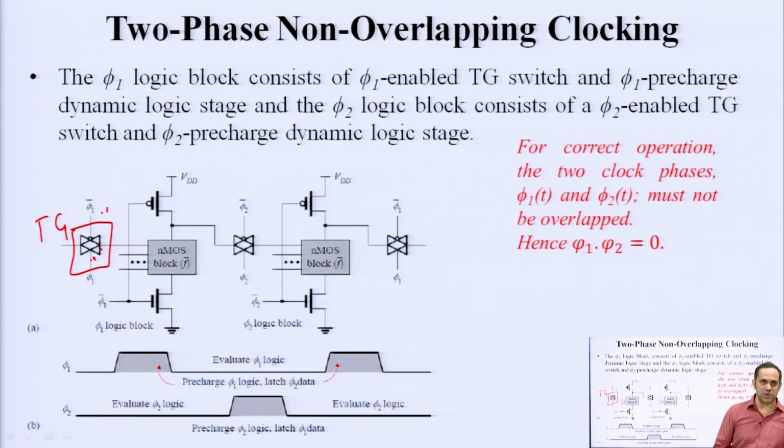When clock is 0, NMOS is off and PMOS is also off, because it is working on complementary clock, right. And when clock is high, logic 1, NMOS turns on, it passes signals very easily, and the PMOS network is also on because it is working on clock complementary. Okay. So, all types of signals are passed with equally good strength. That is how a transmission gate works as a switch.